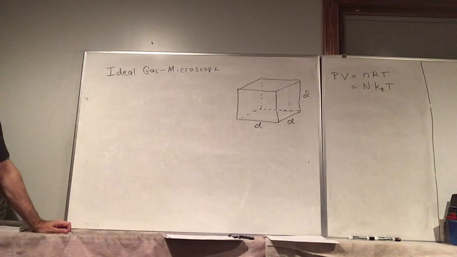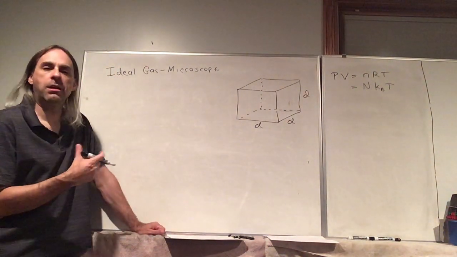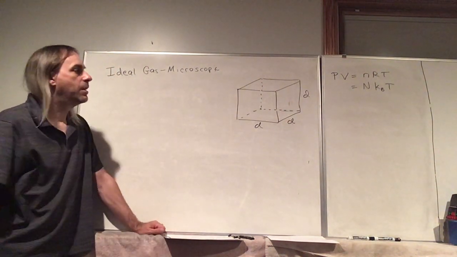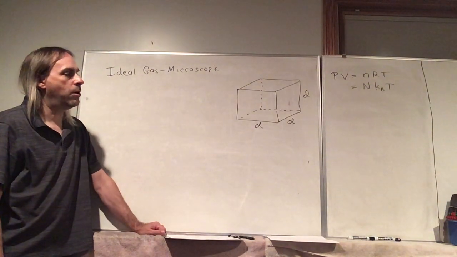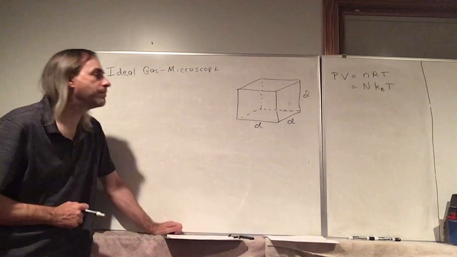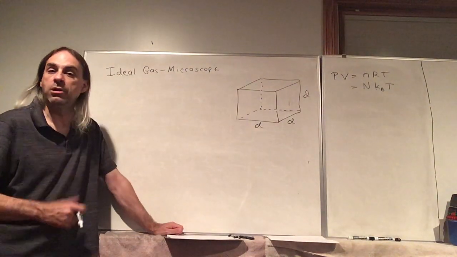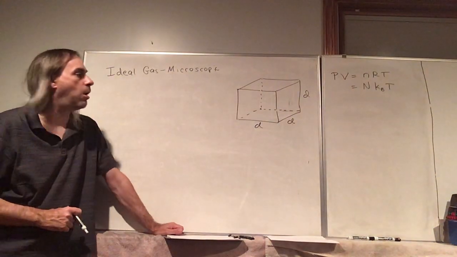That'll make life a lot easier for us. And we're going to consider molecules moving around inside this cube. And we know that when they collide with the walls, they're going to exert force on the walls. And that's where the pressure comes from: all these collisions with the particles hitting the wall.